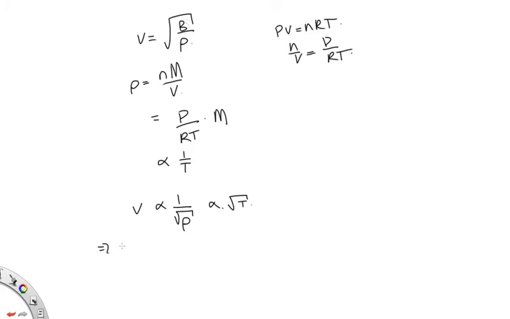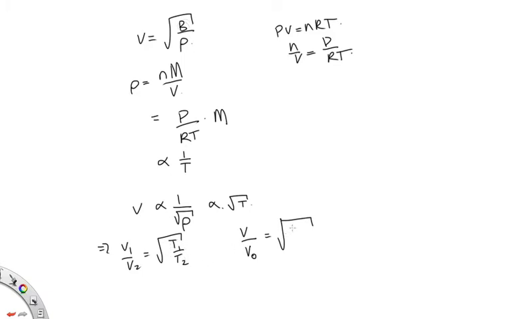So this means that we can write V1 over V2 is equal to the square root of T1 over T2. Or the velocity at some temperature over the velocity at 0 degrees C is equal to the square root. Now this was the ideal gas law, so these ones are in kelvins.